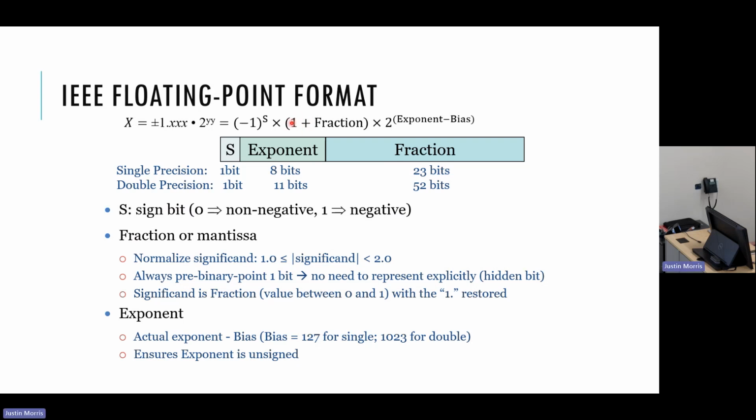We know that it's always going to be there, so we don't have to include it. So we save 1 bit. The bias for single precision is 127, and for double precision, it's 1023. That allows us to not have a 2's complement representation in the exponents, so that we can have a little bit more range in the exponents.